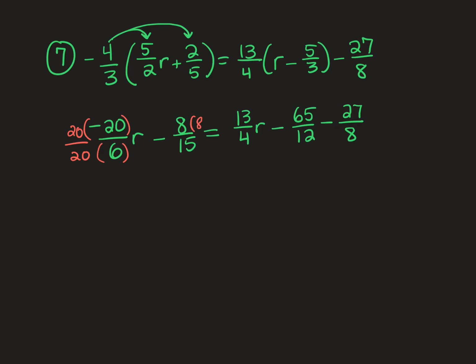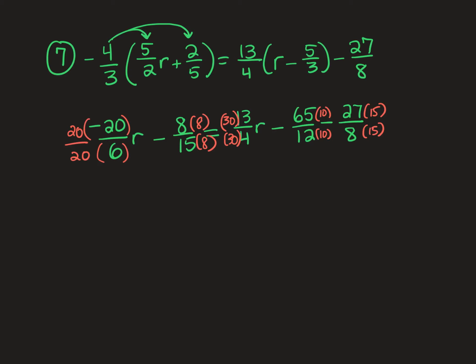I'm going to have to multiply this fraction by 8/8. This one by 30/30. I'm just trying to figure out what would make each of my denominators be the same. I'd have to multiply this one by 10/10, and then this one by 15/15. So what ends up happening is you're going to get all of these fractions that have the same denominator.